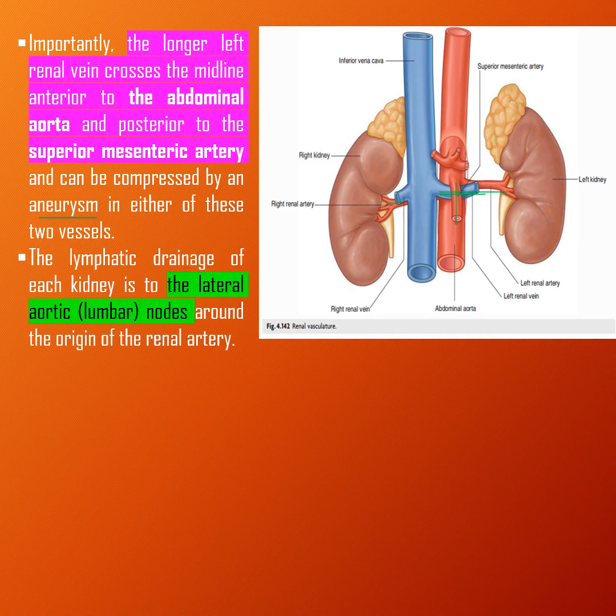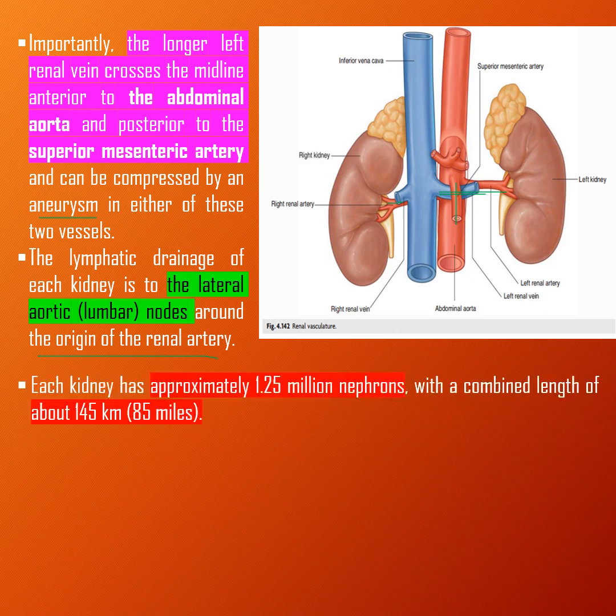The lymphatic drainage of each kidney is to the lateral aortic lumbar nodes around the origin of the renal arteries. Around the origin of the renal arteries are placed the lymphatic nodes, the lateral aortic lumbar nodes.